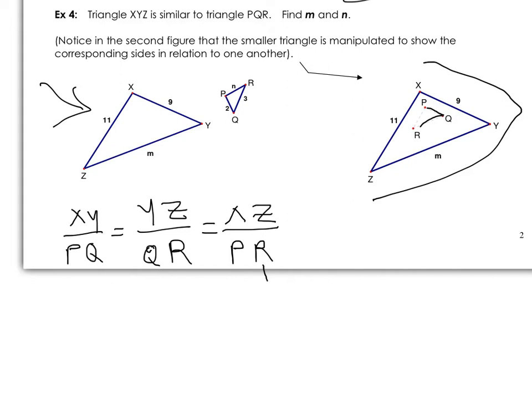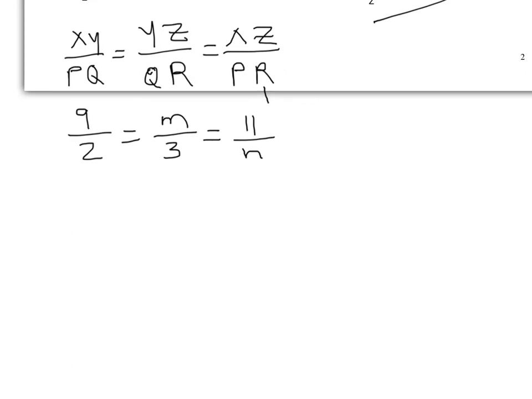X to Y, that distance is 9. P to Q is 2. Y to Z is m. Q to R is 3. X to Z is 11. And P to R is n. All right, so we have all of our ratios. Now let's see if we can figure out what to do with them.